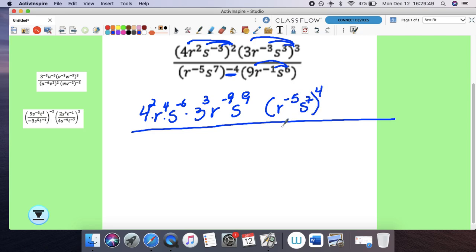Make that into positive. And then this guy at the bottom here, it's 9 to the 6th power, r to the negative 6. Sorry, I'm sorry, take that back. There's nothing to do here because there's an exponent of 1, right? So it's just 9 r to the negative first power and s to the 6, right? If you multiply this times the little 1 here, times the 1, times the 1, it becomes that.